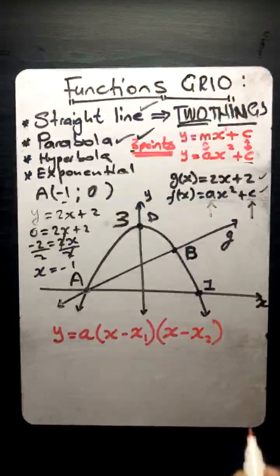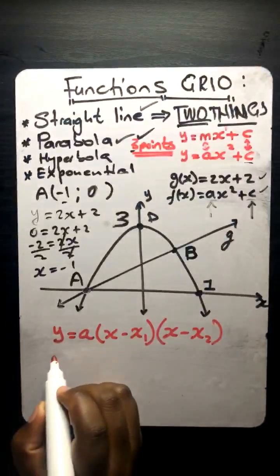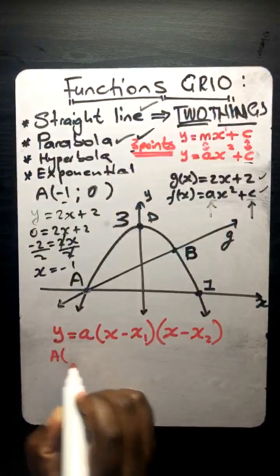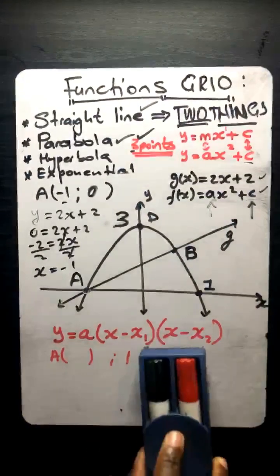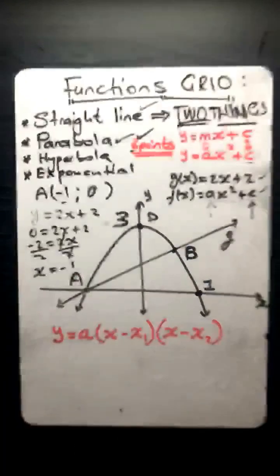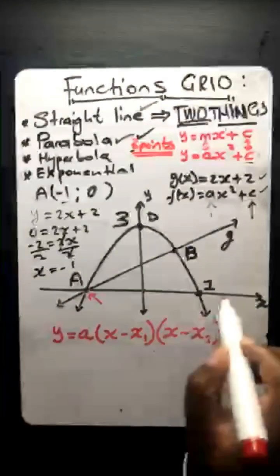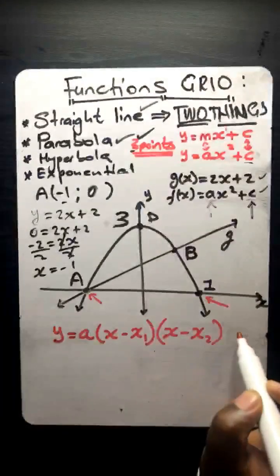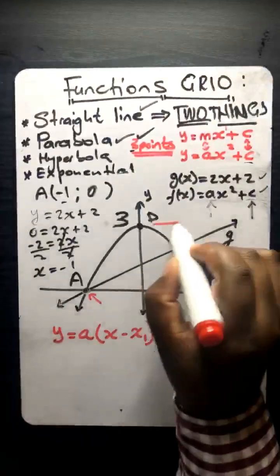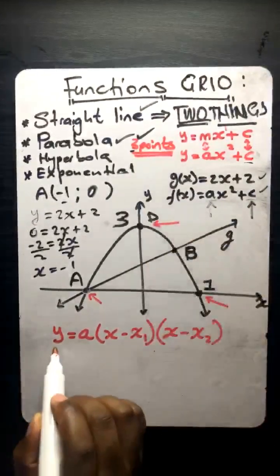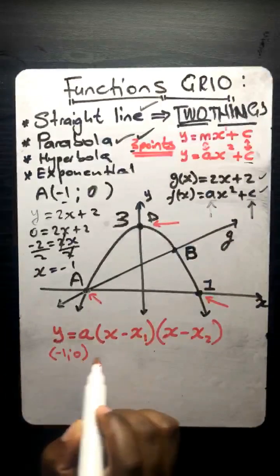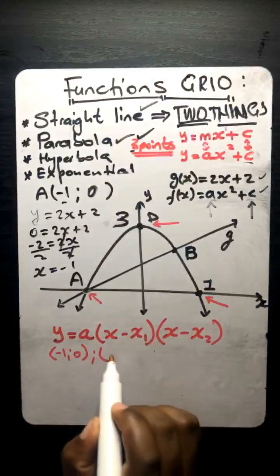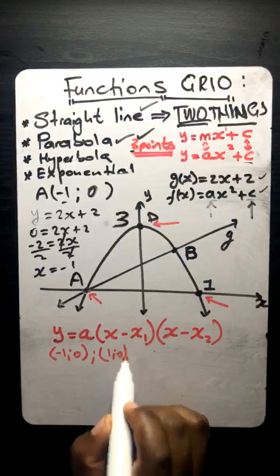Then you're going to need 3 points. You have this point and this point, which are the x-intercepts. You also have that point. So can you see, you have that point being -1 and 0. You also have that one being 1 and 0.